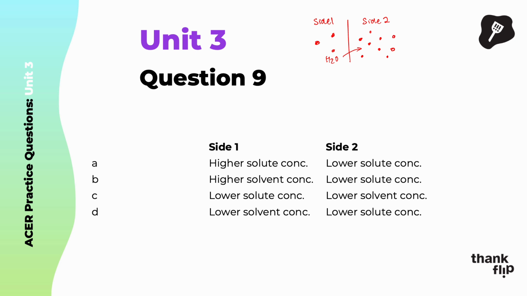So it will go where the solute is more concentrated in order to balance out the concentrations on both sides. Okay, so if we have water moving from this side to this side, that means that on this side we have less solute, and this side we have more solute.